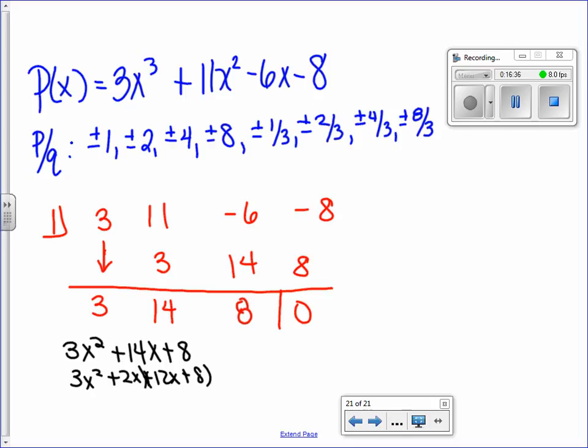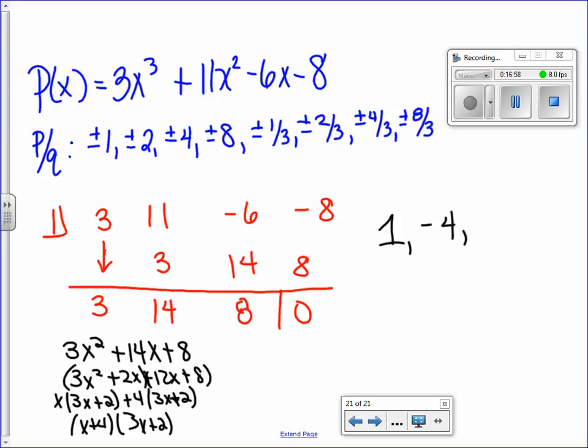Factor by grouping. Take out an x, I have 3x plus 2. Take out a 4, 3x plus 2. So the other zeros, let's see, there's 1, there's -4, and there's -2/3.